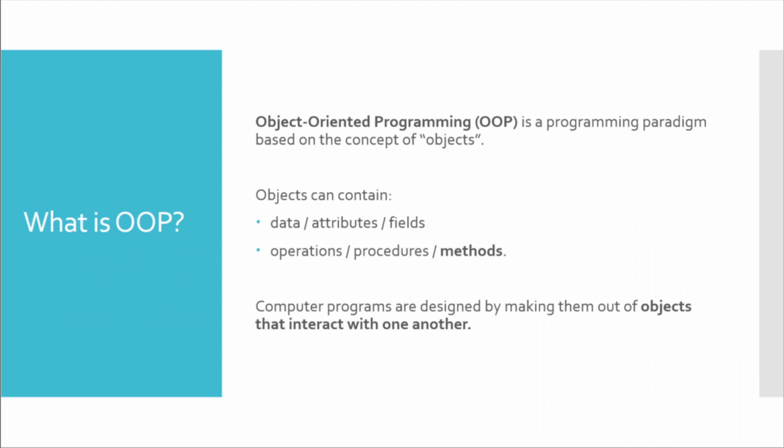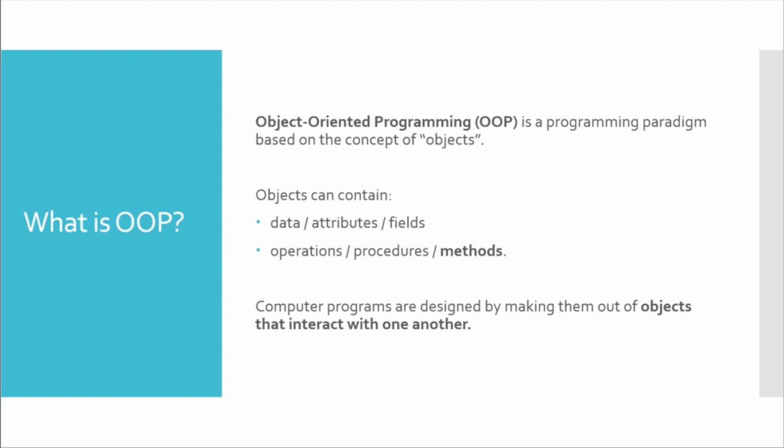It is a programming paradigm, a way or style of programming that is based on the concept of objects. Objects in Java can be compared to objects in real life, such as a chair. We can describe a chair: it has a color of red, it has four legs.